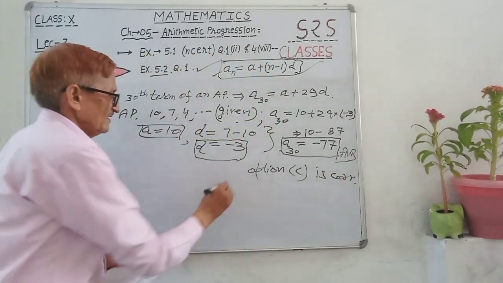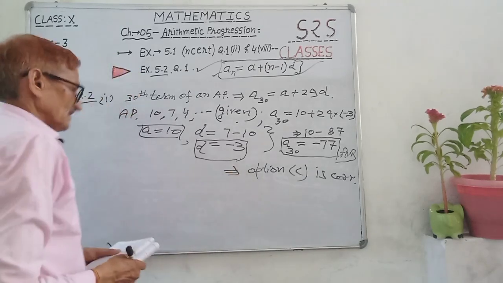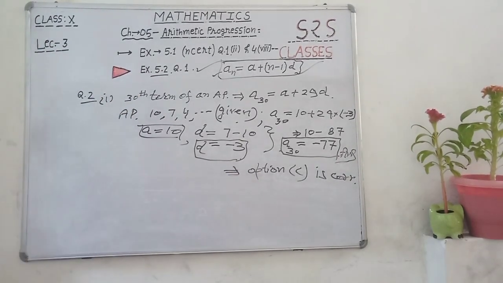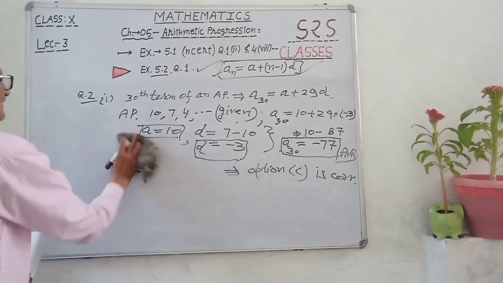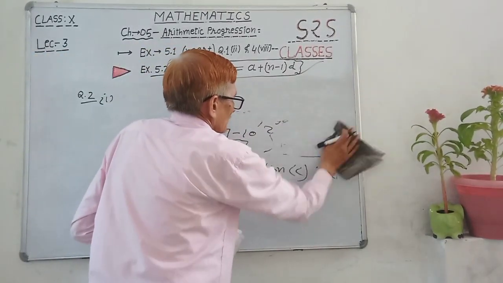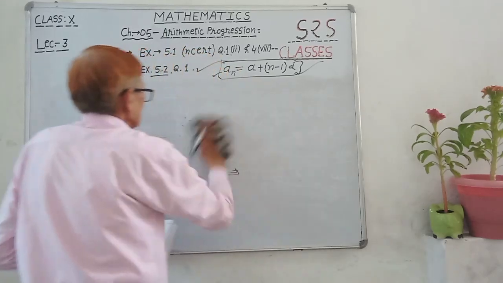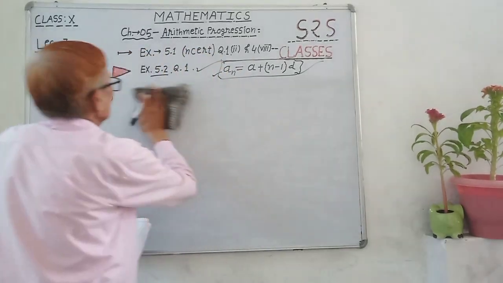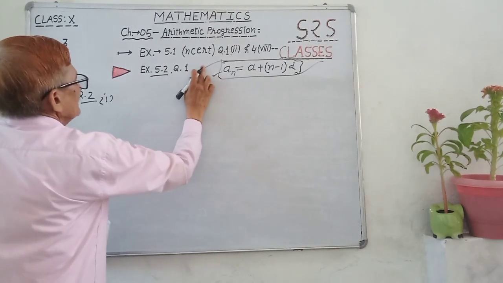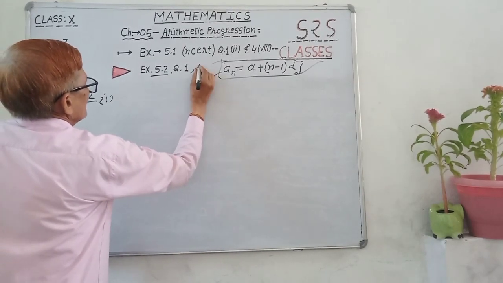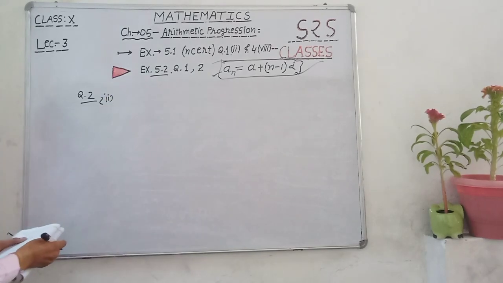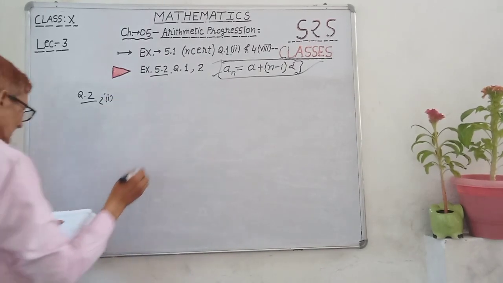Okay, clear? Now next, the second part we can also do similarly. Okay, the second part, then question 1 and 2 will be completed here today. Okay, 1 and 2. The second part of 2: what is the 11th term of an AP?